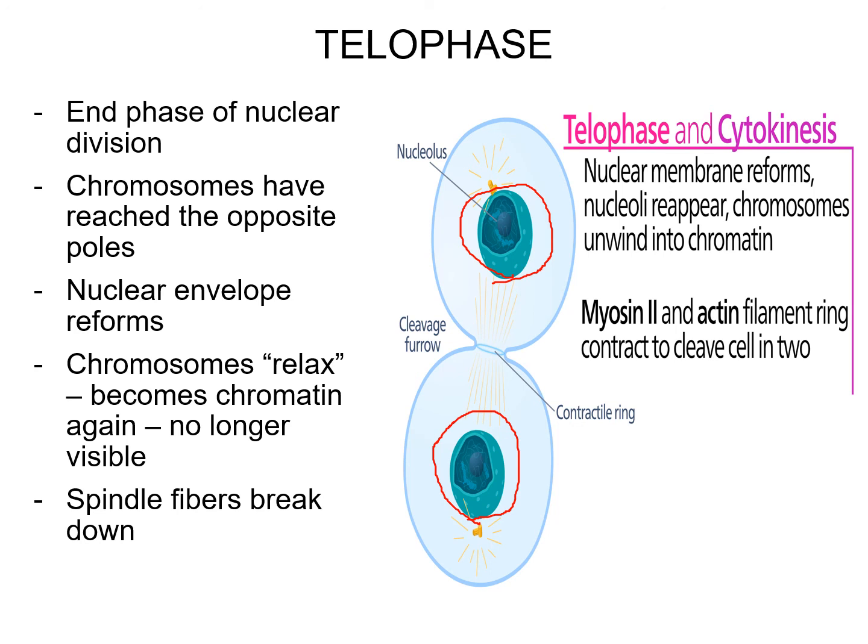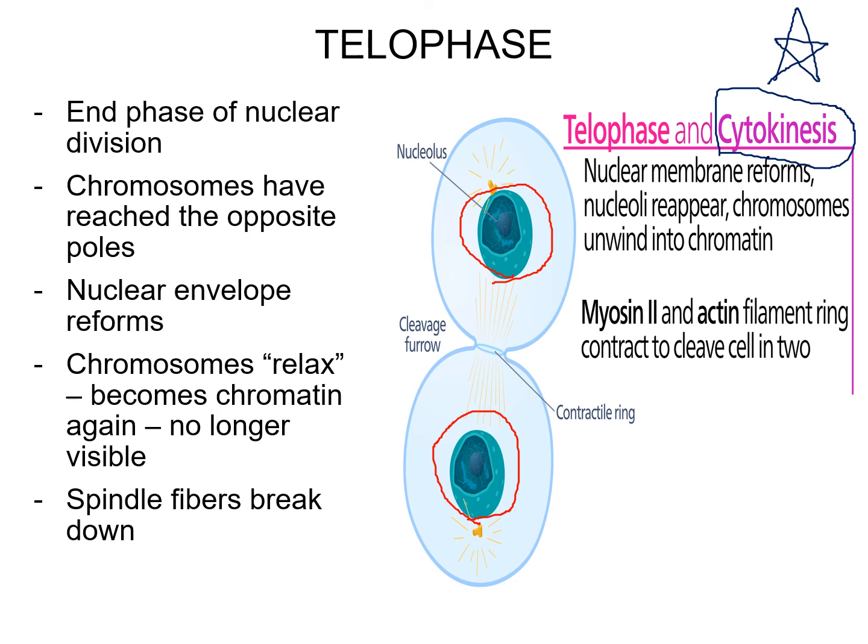So that's PMAT. In order to split the cytoplasm, we have to go through another process called cytokinesis. And cyto means cell, kinesis means to move. So we're moving the cell to the point where it actually splits. Now, a lot of times telophase and cytokinesis happen simultaneously, at the same time. But every once in a while, these things will get stuck and they'll just exist in telophase.